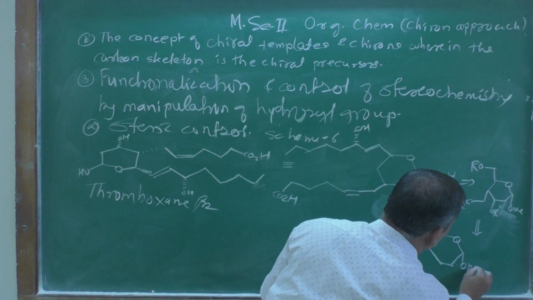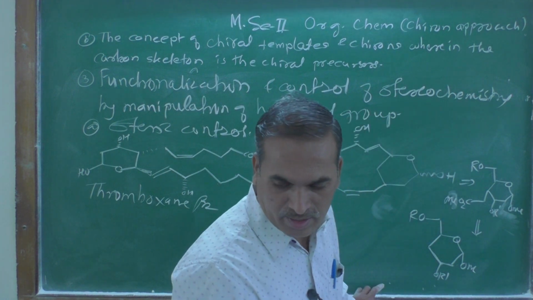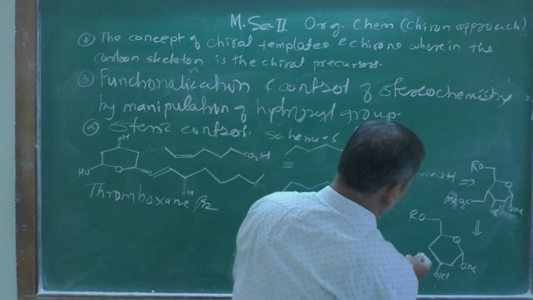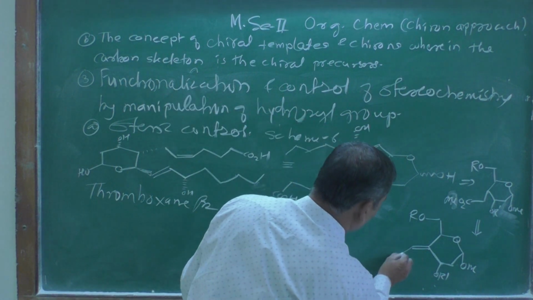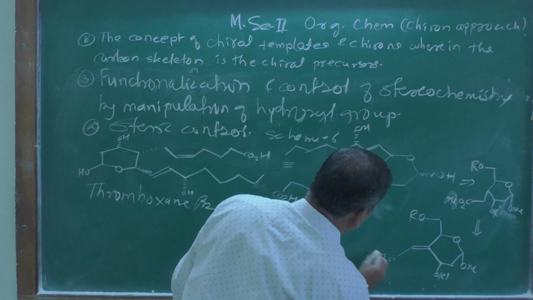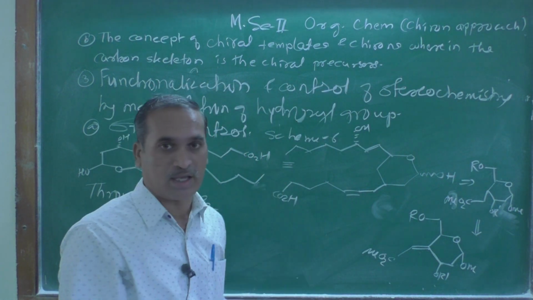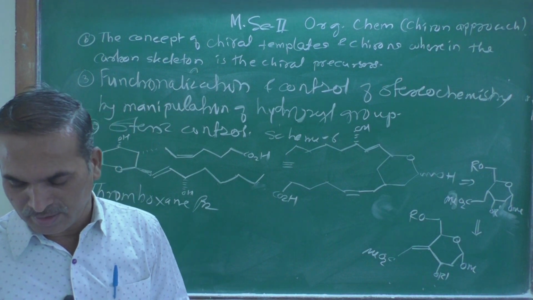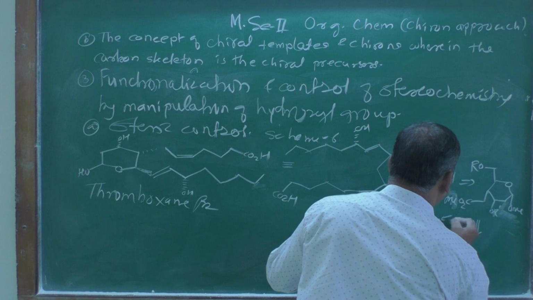OMe still remains, OR dash still remains over here, but here I am introducing a double bond and then CO2Me, right? That type of exocyclic bond we can bring there by using this extended Wittig.